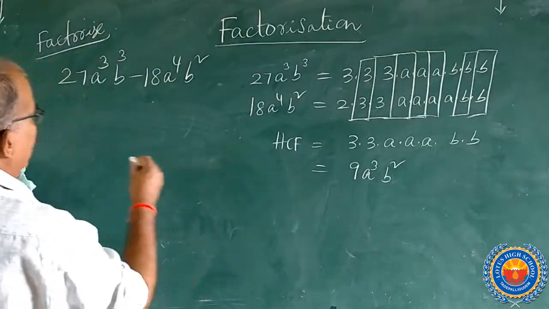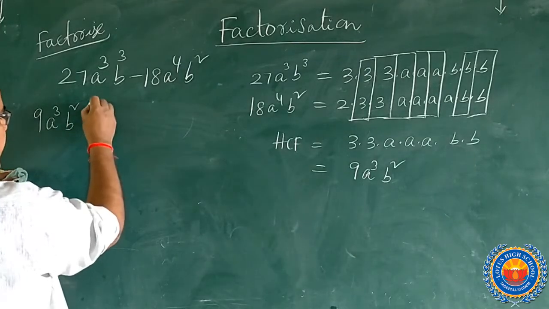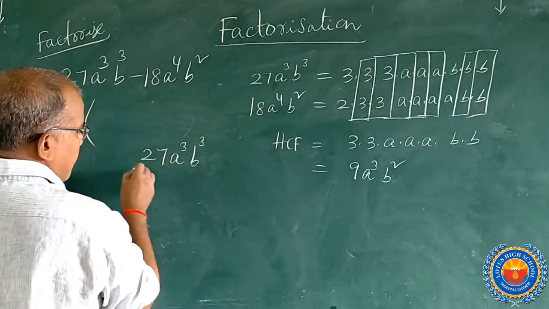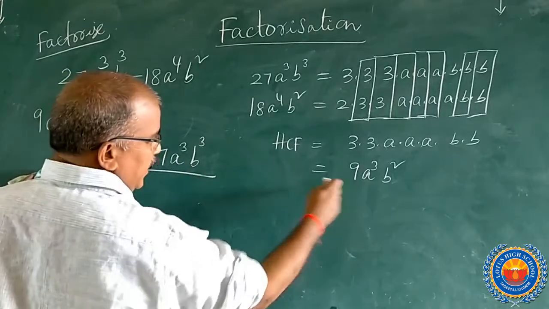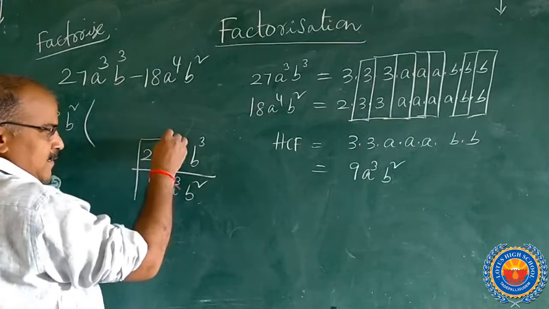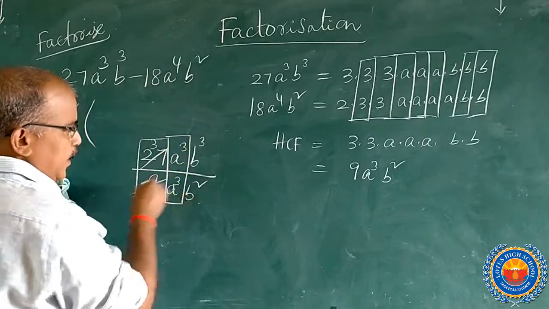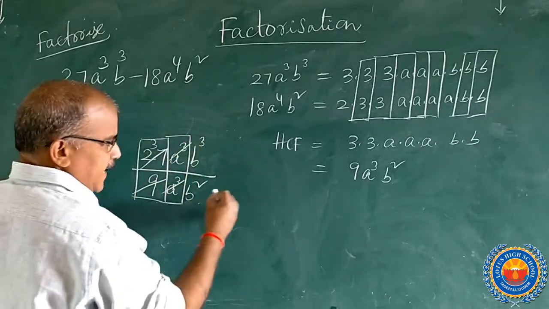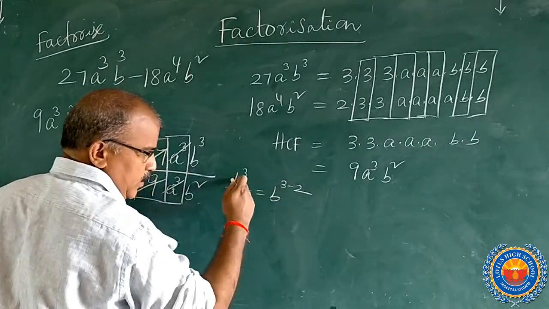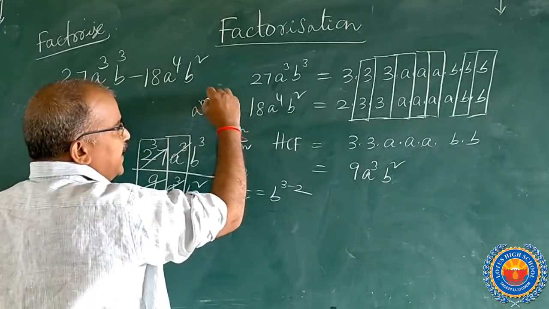Now divide each term by the HCF 9 a cube b square. First, 27 a cube b cube by 9 a cube b square. 27 by 9 is 3 times. a cube by a cube cancel. b cube by b square is b to the power of 3 minus 2, since a to the power of m divided by a to the power of n is a to the power of m minus n.